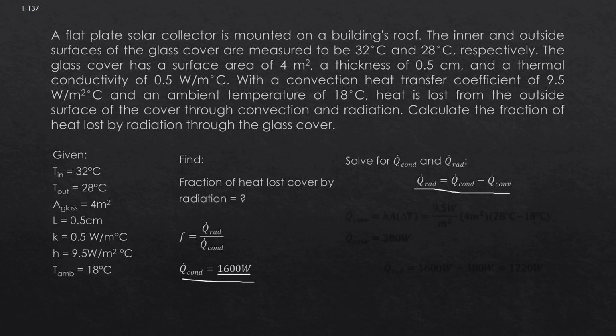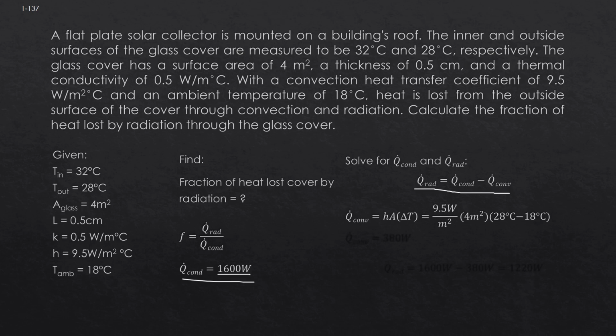So rate of convection heat transfer is given by the equation Q dot convection is equal to H times A times delta T, where H is the convection heat transfer coefficient, A is the area, and delta T is the change in temperature.